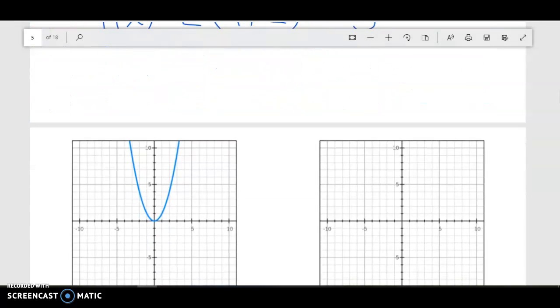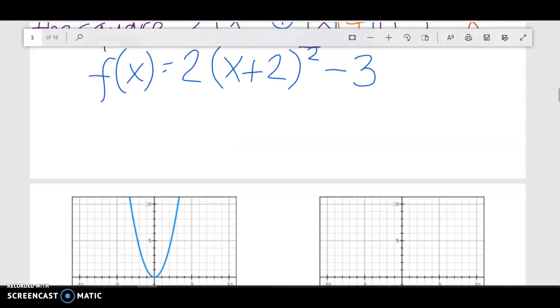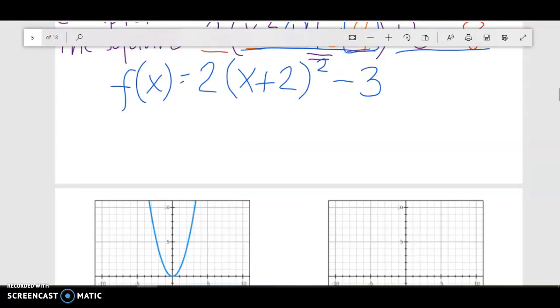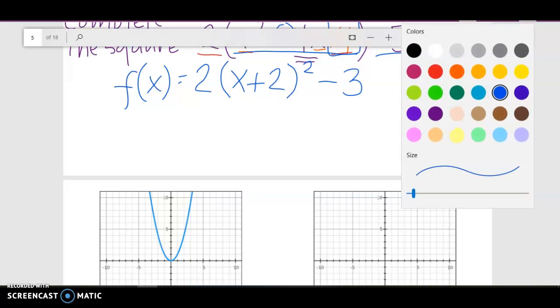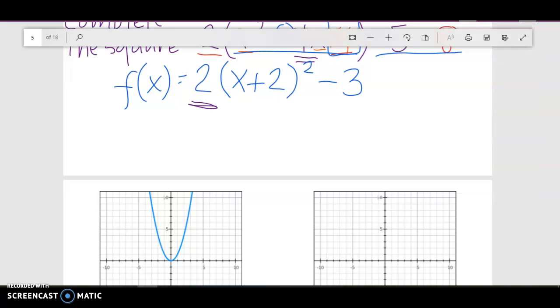Okay, so I'll just make this a little bit smaller. Okay, so what I have is I have first that I am going to multiply by an a value of 2. So that's a vertical stretch.